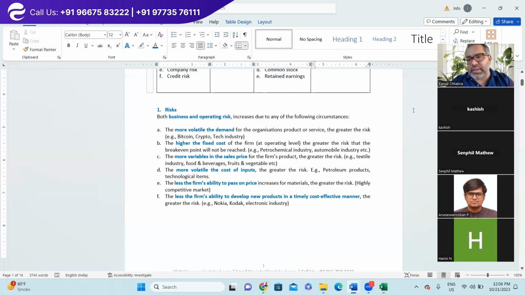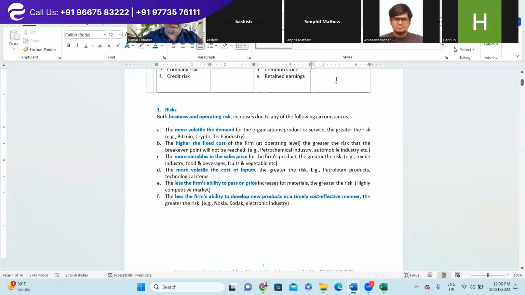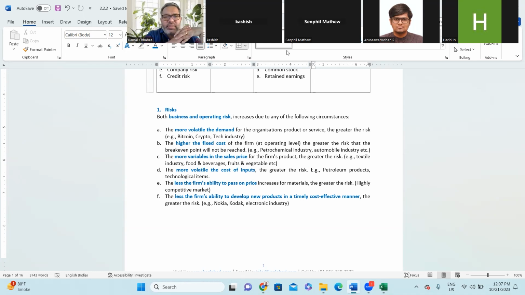Why are we understanding the risk? So that we get into a position where we can assess the risk better and plan the controls for those assessed risks, right? So the higher the fixed cost of the firm at the operating level, the greater the risk that the break-even point will not be reached. So what is the break-even point? Have you guys heard this term? Or have we discussed this in earlier classes?